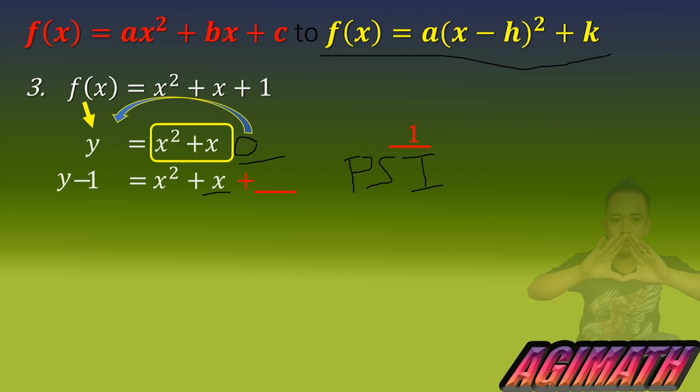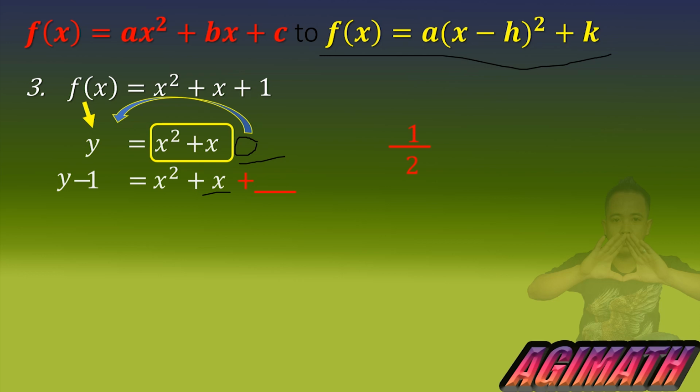So we are going to get that numerical coefficient, and I will delete this one first. And then we are going to divide it by 2 always.